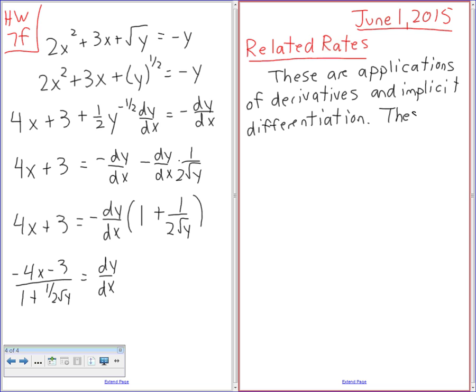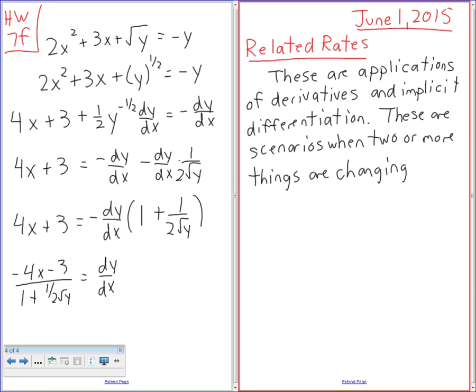These are scenarios when two or more things are changing. I'm going to say remember to take the derivative of every variable.